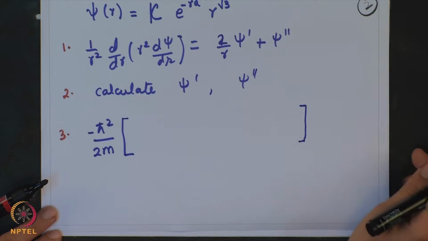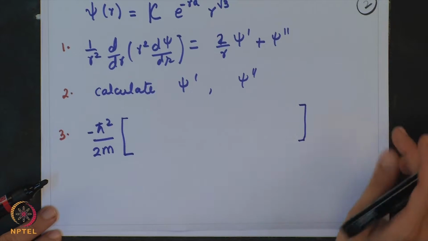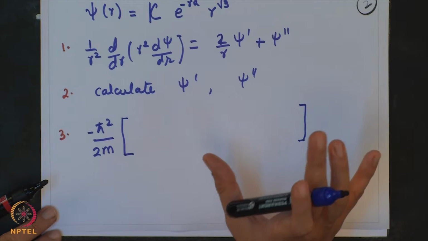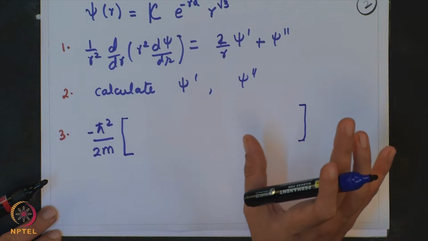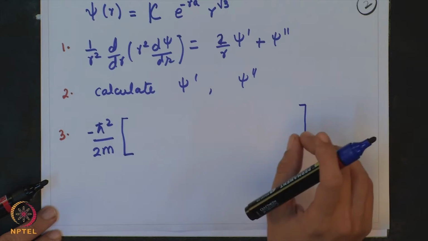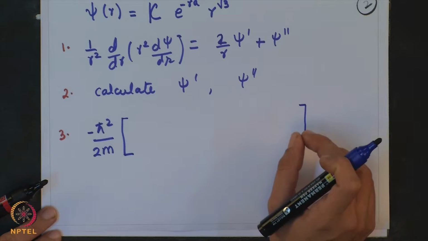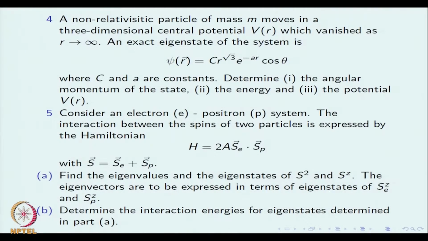And remember, the kinetic term, that is h cross square upon 2m, 1 by r square d by dr of r square d psi by dr, that part you will evaluate.